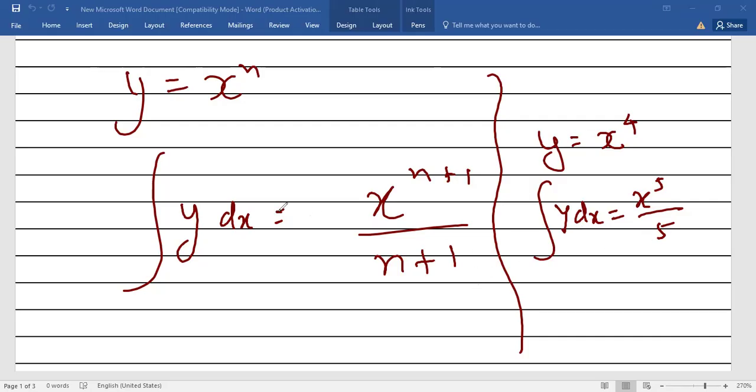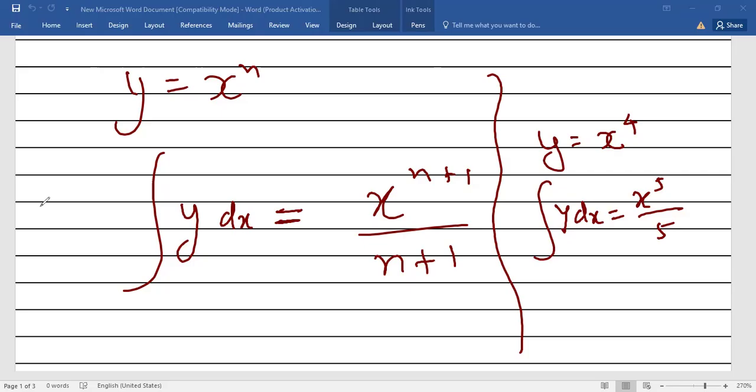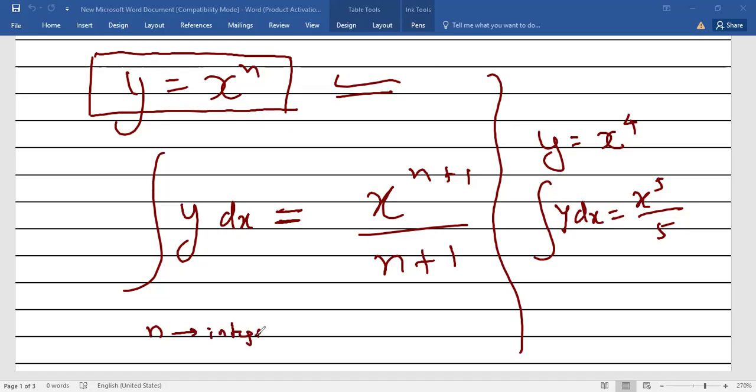Now, this is the power formula, and it is very popular. And here n can be anything. n can be an integer, positive or negative, it can be a fraction, positive or negative.